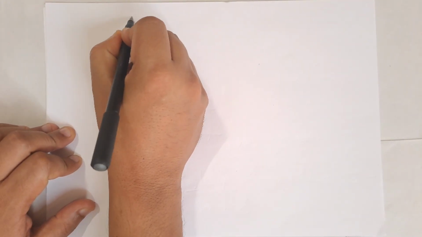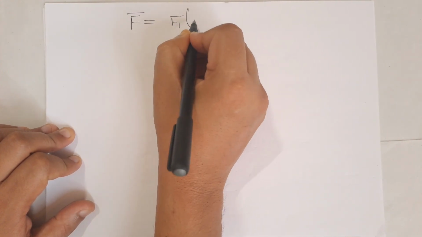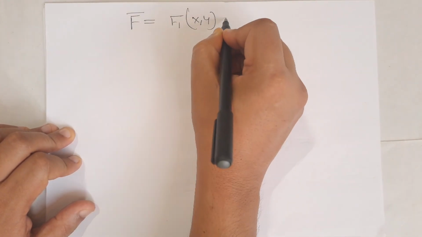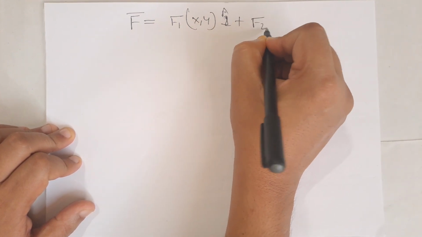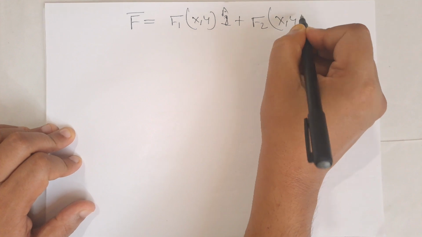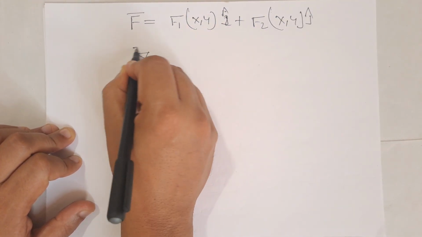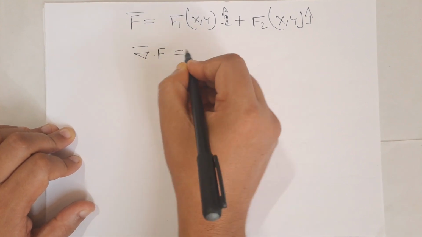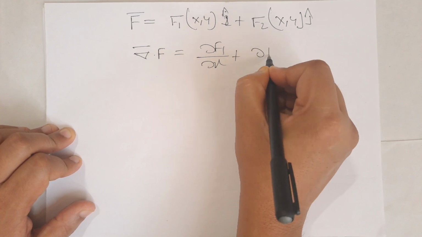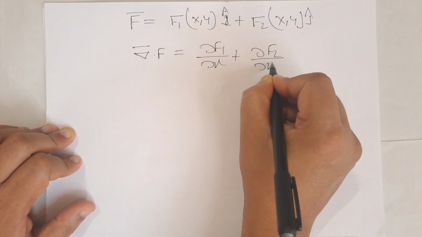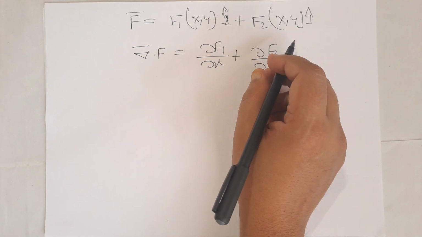If F is a two-dimensional vector field, f1 i plus f2 j, then we can write divergence of F is equal to del f1 by del x plus del f2 by del y. This is the divergence of the vector field.